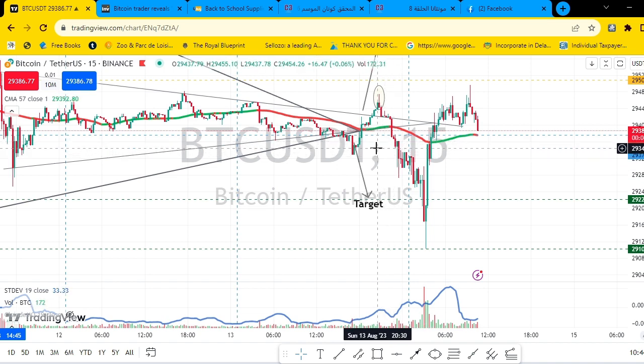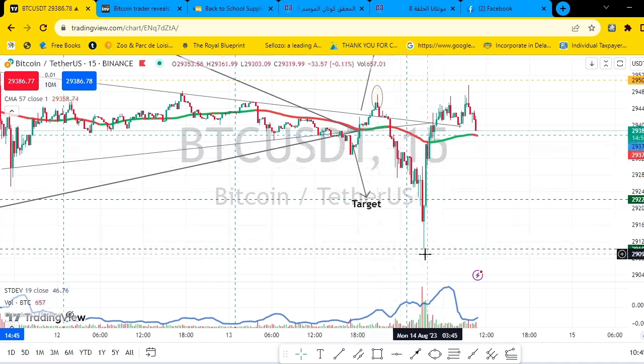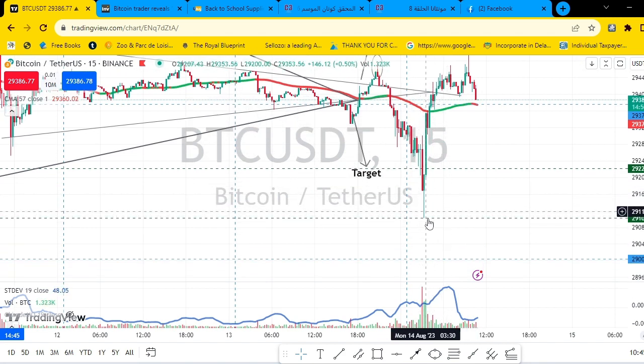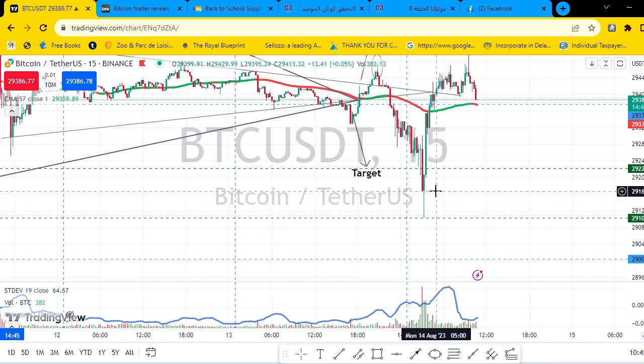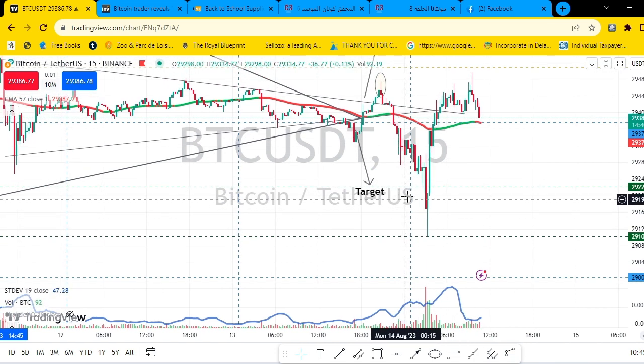You do what you see is working for you. Here you don't have to place a buy trade because you never know what's gonna happen. Maybe the market is gonna come here and start correcting, making a pullback, and then going boom down again. No, so that's enough. The first target was filled.